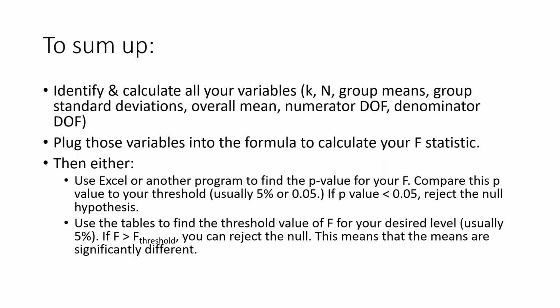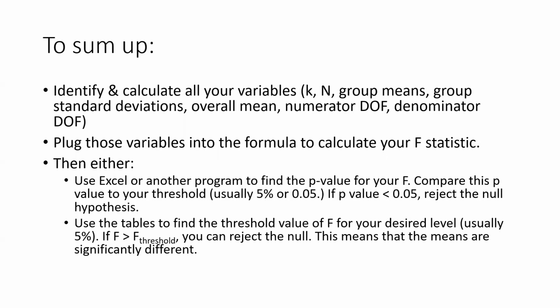You're going to substitute all of those into the formula to calculate your F statistic. Then you're either going to use Excel or another program to find the p-value for your F value. You compare the p-value to your threshold, which is usually 5%. If the p-value is less than 5%, you reject your null hypothesis and your means are not the same.